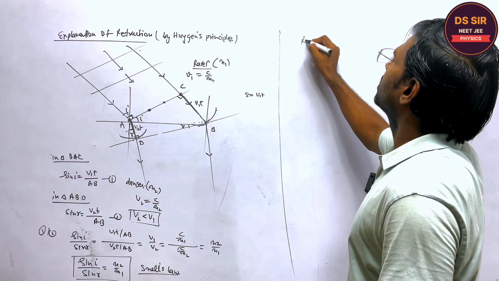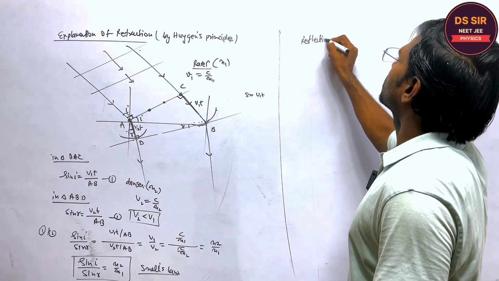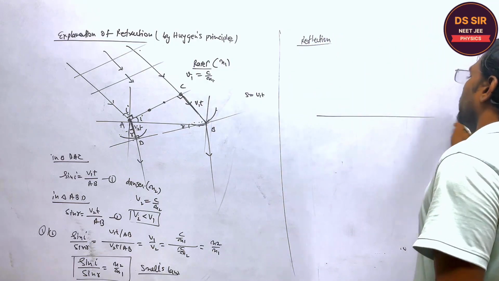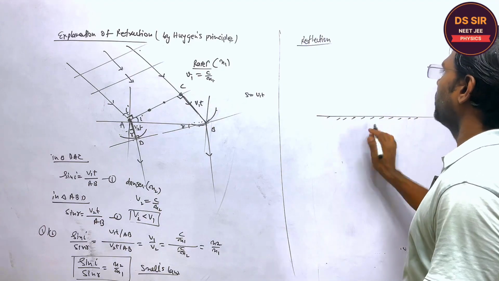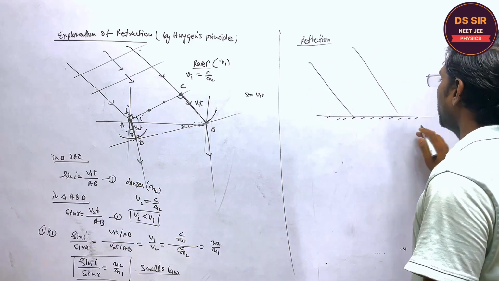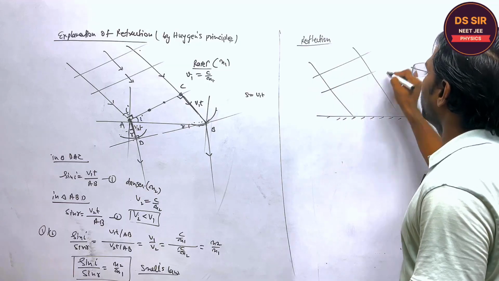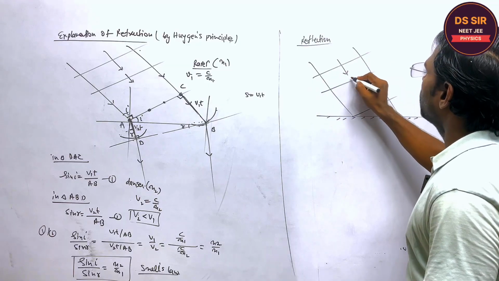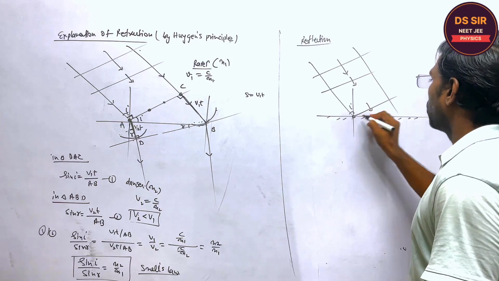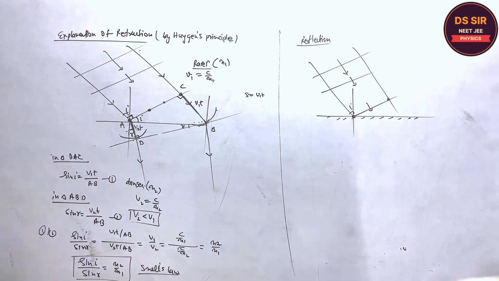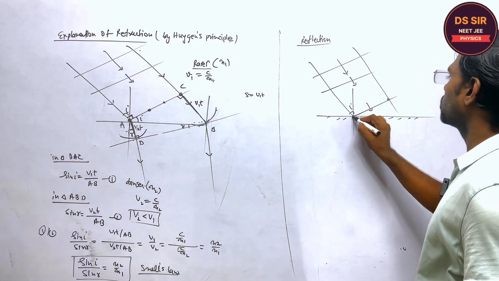Okay, so in the same way, the reflection can be explained. How to explain the reflection? Suppose this is the plane mirror. When the incident light in the form of plane wavefront is incident over here, are you getting or not? So this is the angle i. According to Huygens principle, every point acts as a new source of light.